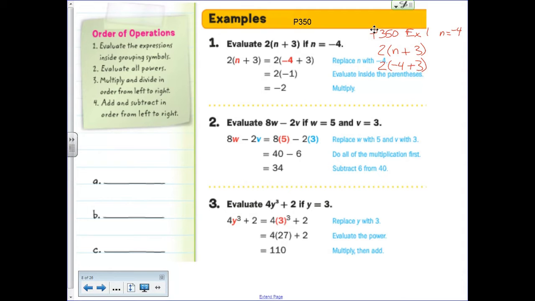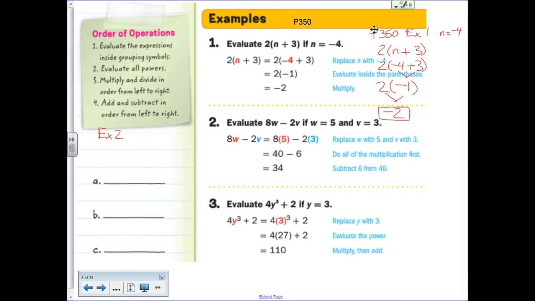Different signs mean we subtract and take the sign of the bigger looking number, so we end up with -1. We need to leave it in parentheses so that we can continue to show multiplication, and 2 times -1 is -2. Different signs, negative.